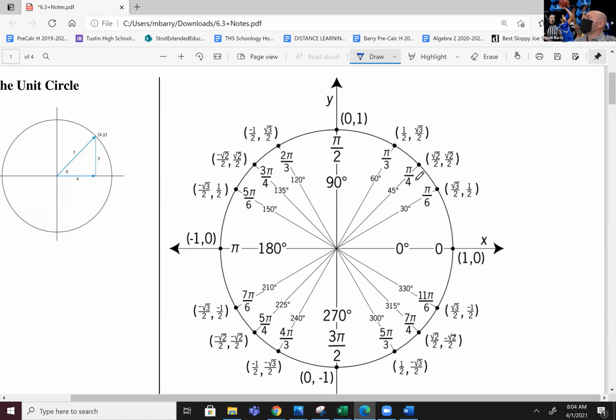In between there are some more complicated looking points. For this first one, we have (√3/2, 1/2). √3/2 is about 0.87 last time I checked, and obviously 1/2 is 0.5. So it's a little more to the right than it is up, which makes sense with how it looks.